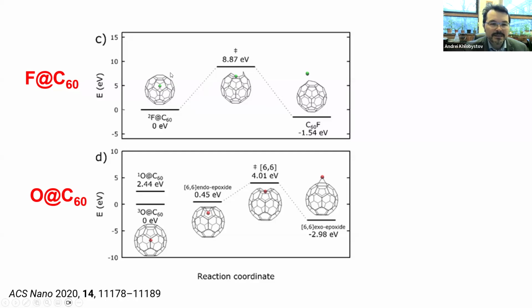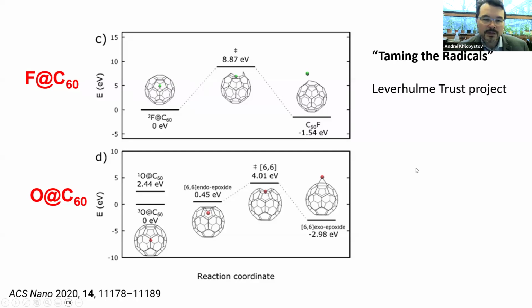So what that means is that these molecules can be quite stable, and we can use them for things such as quantum computing or a quantum clock. And based on this little discovery, we started a new project called Taming Radicals, funded by the Leverhulme Trust.